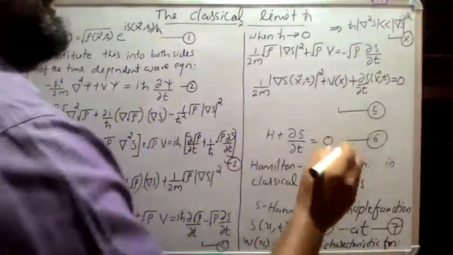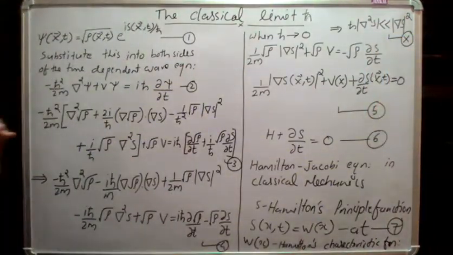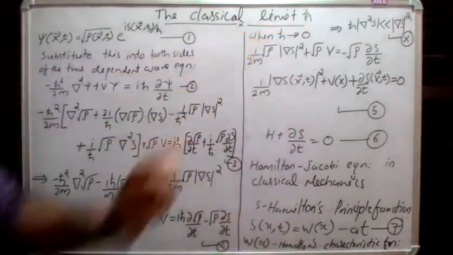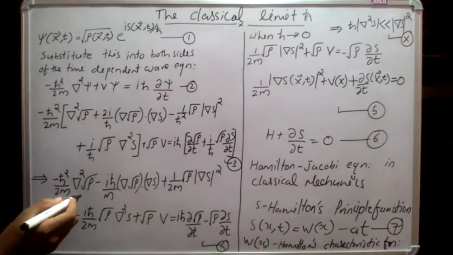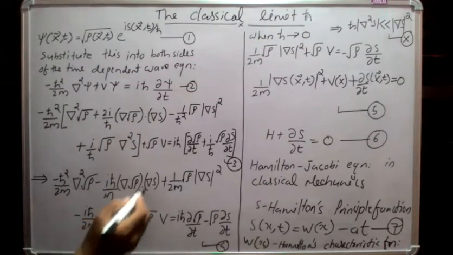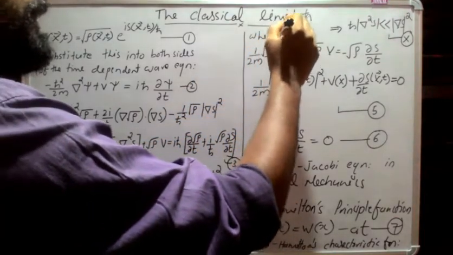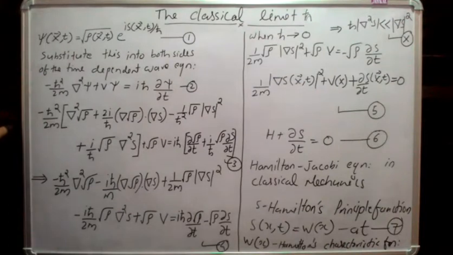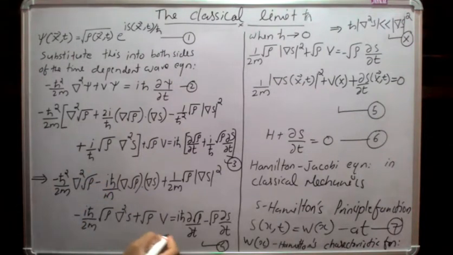We'll discuss the physical significance of this condition later. Now we go to when h cross tends to 0. If h cross tends to 0, then we can ignore the terms in equation 4 having h cross. Here we are taking the condition that h cross tends to 0, so we can ignore the terms with h cross in equation 4.